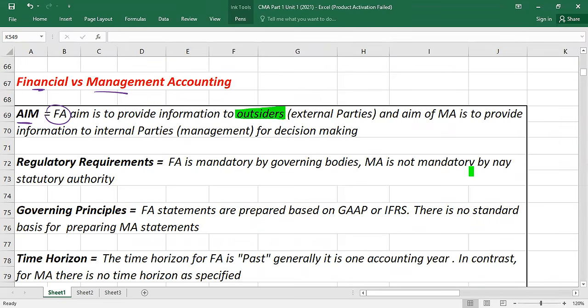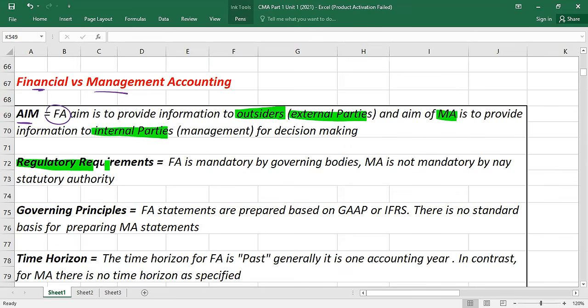To the outsiders, meaning external parties. We are reporting to them. But management accounting, in which you produce various reports, budgeting, etc., we produce for internal parties, for their decision making. This is the first difference.